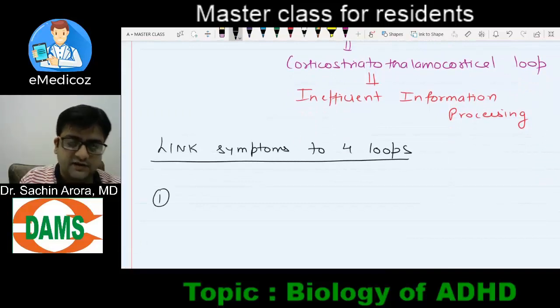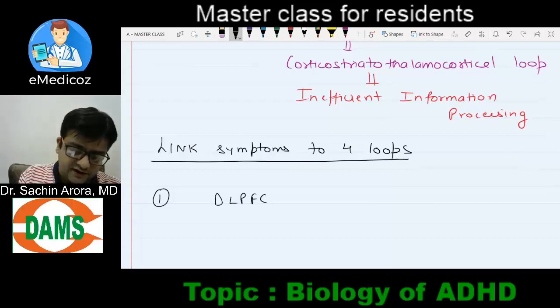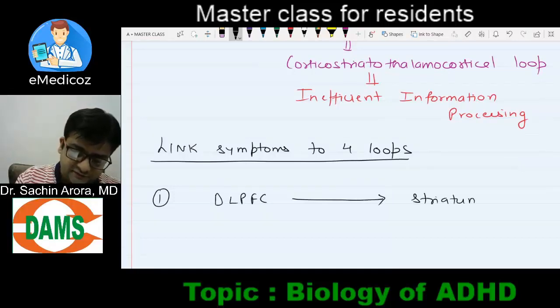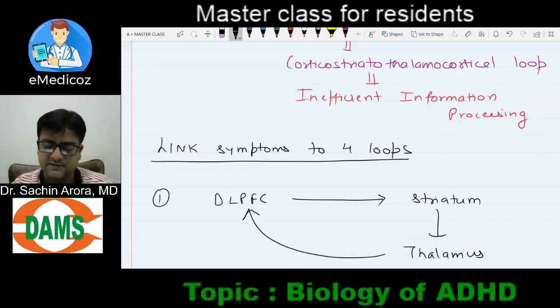For example, the first loop starts from dorsolateral prefrontal cortex, going to striatum, going to thalamus, and back to the cortex.